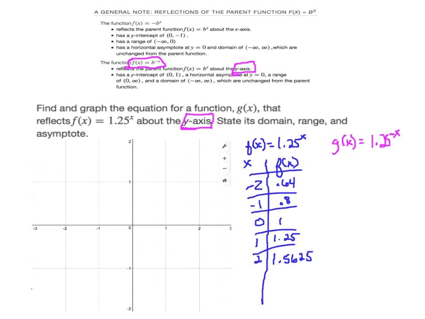All right, so I'm going to go ahead and put my parent onto the graph. So I have -2, 0.64, so that's a little more than a half. Maybe about right here. -1, 0.8. 0, 1. 1, 1.25, and 2, 1.5.